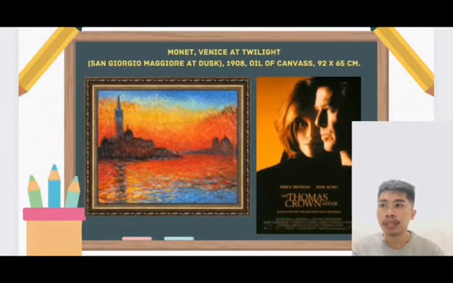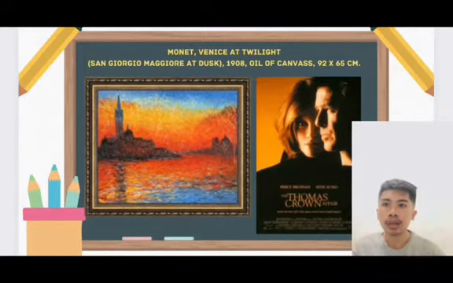Slide number 17. Dusk in Venice, San Giorgio Maggiore by Twilight, or Sunset in Venice, refers to an impressionist painting by Claude Monet which exists in more than one version. It forms part of a series of views of the monastery island of San Giorgio Maggiore.